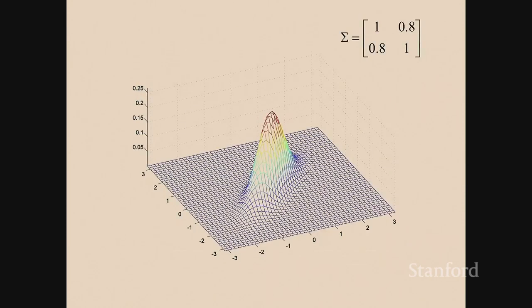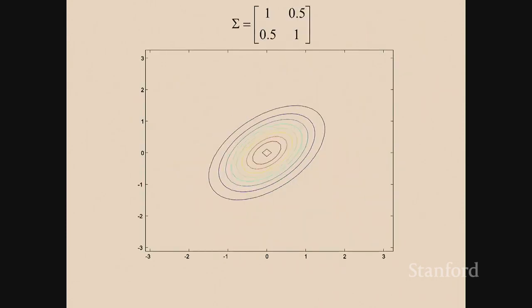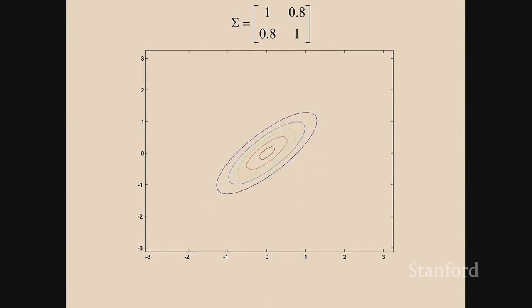If you increase the off-diagonal, it looks like that. If you increase it further to 0.8, 0.8, it looks like that, where now most of the probability density places value on Z1 and Z2 being positively correlated.